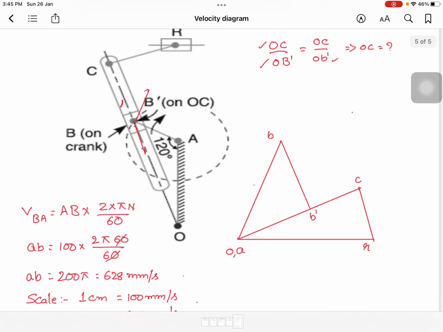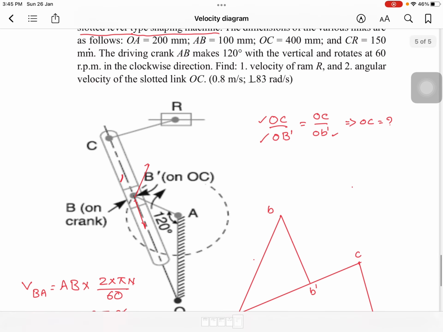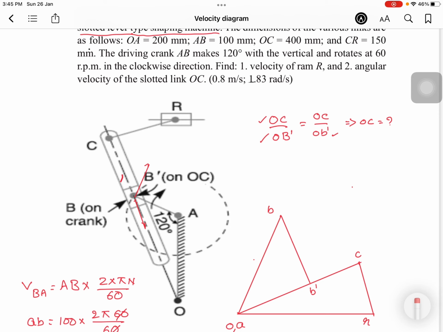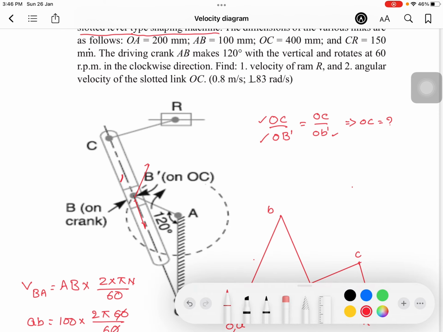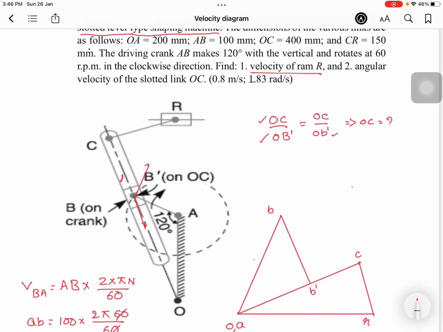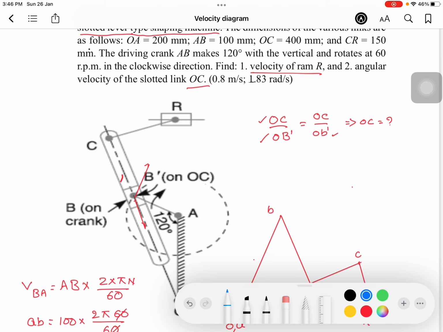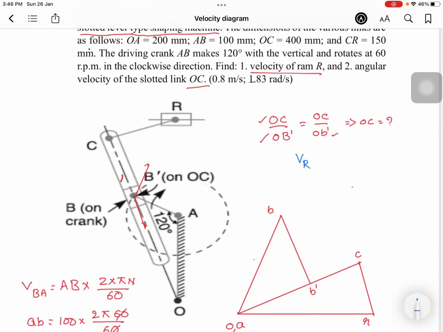Now if you see, what are the things that we have to calculate? Velocity of ram and angular velocity of OC. Velocity of ram, capital R, is equal to OR into scale. Measure the length of OR, multiply it with your scale, and that will give the velocity of the ram.